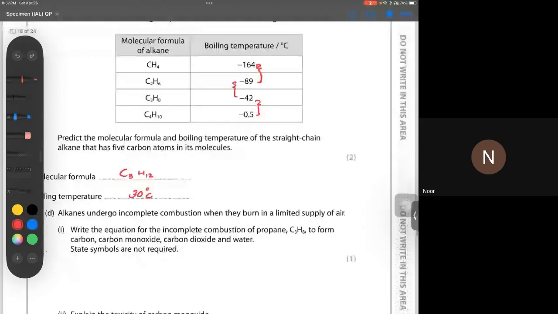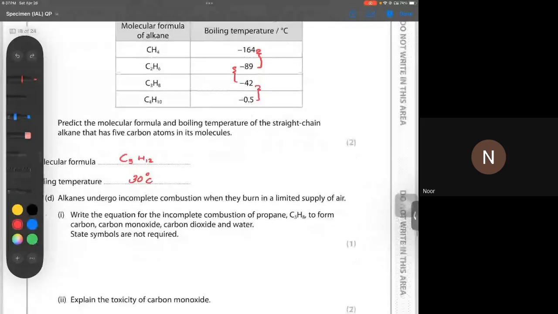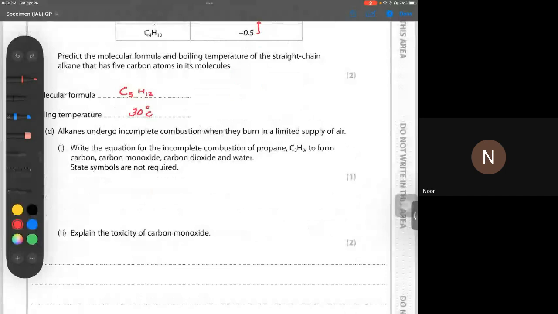Alkanes undergo incomplete combustion when they burn in a limited supply of air. Write the equation for the incomplete combustion of propane to form carbon monoxide, carbon dioxide, and water. Propane is C3H8, then monoxide, dioxide.